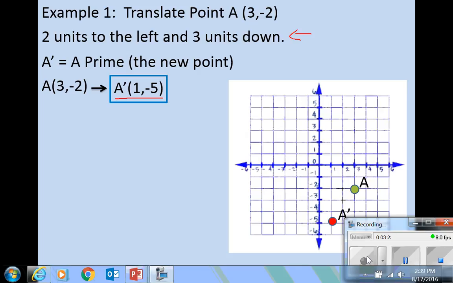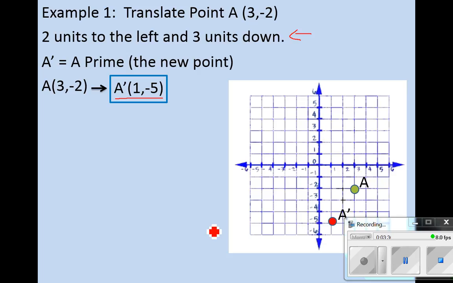The first direction word is left. So left is a negative word, and if you go left on the coordinate plane, you get negative numbers. So we're going to put a minus above it. Then you're going to find the next direction word, which is down. If you go down on the coordinate plane, you go to negative numbers, so we're going to put a minus there as well.